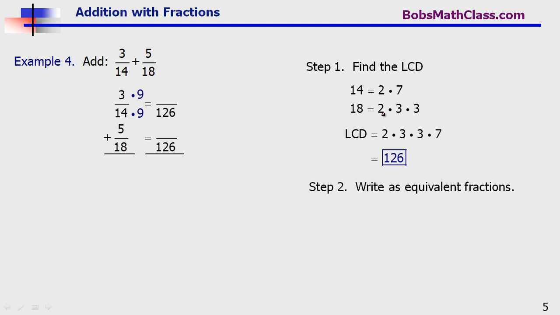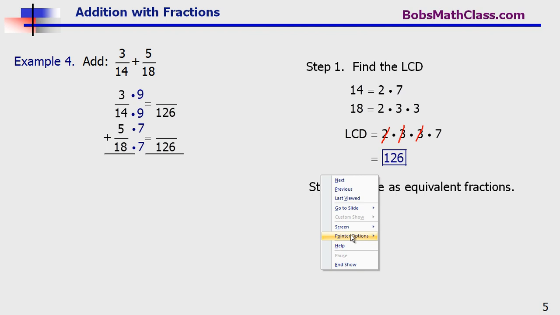Here's the prime factorization of 18. 2, 3, and 3. What's left? 7. 18 times 7 is 126. Okay, I'm going to go ahead and erase that. So that's a little trick that'll always help you out if those numbers get too big.